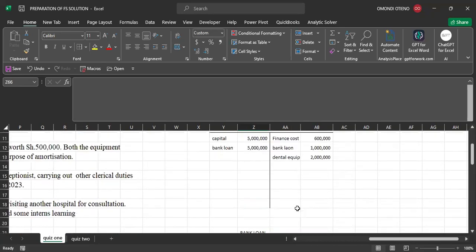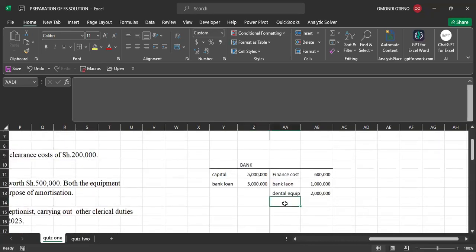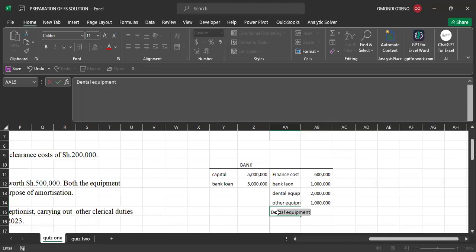I simply go to my bank account, bring in here other equipment, that is 1 million. Then we have fixtures and fittings.